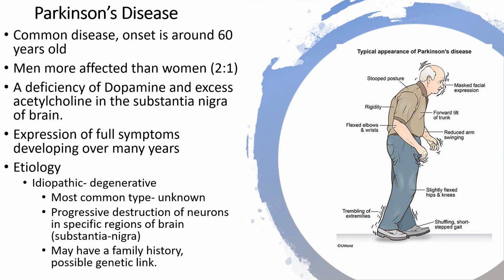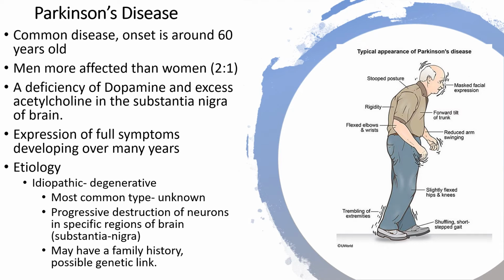It's over the span of many years to the point where they become immobile, bedbound, or they have a fall and fracture a hip, or they're bedbound and develop a pneumonia, which ends up killing them. And in late stage Parkinson's, you can develop dementia.